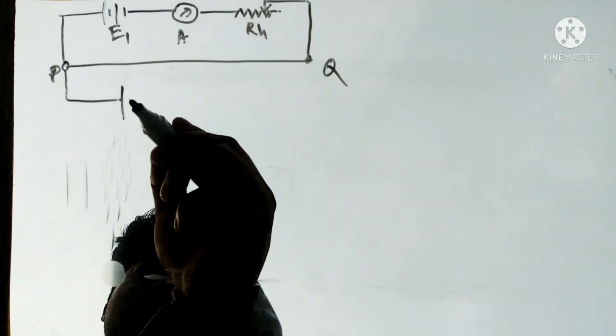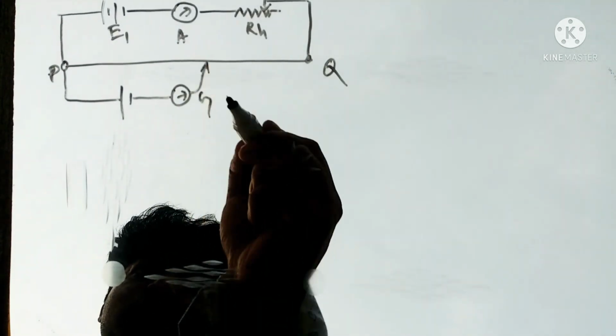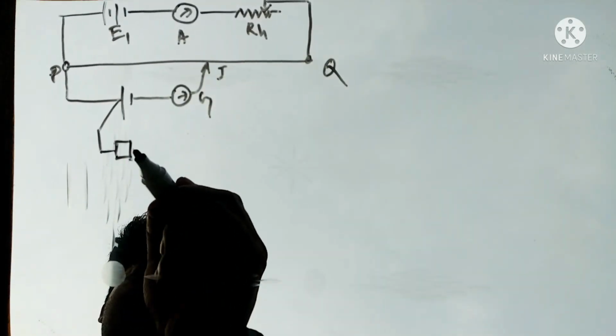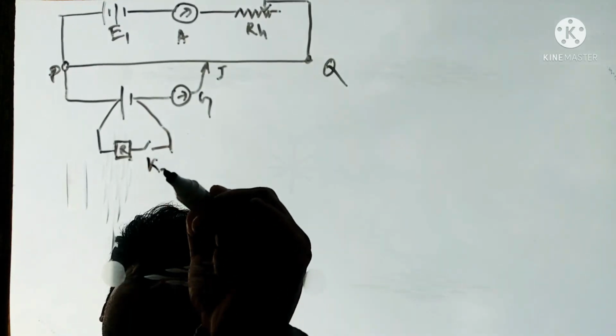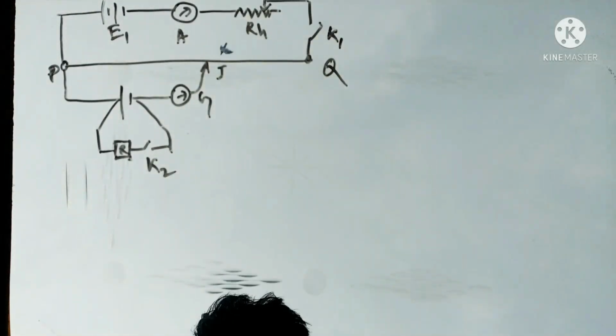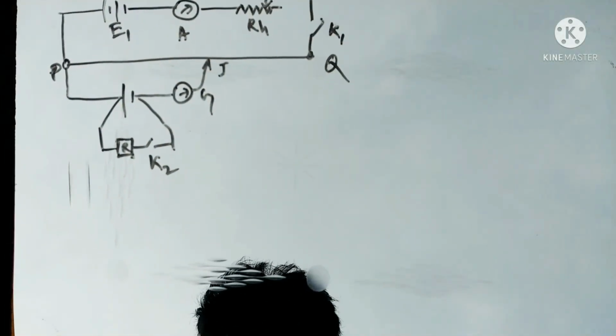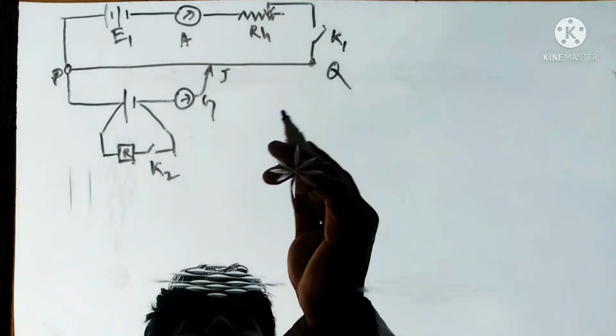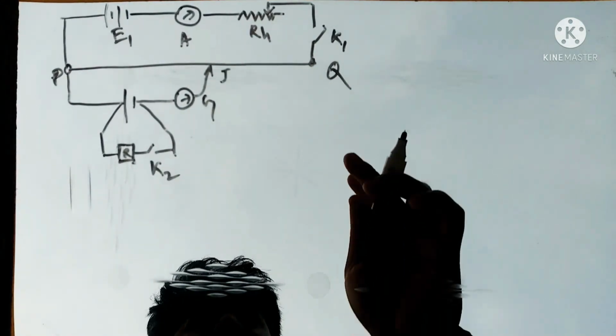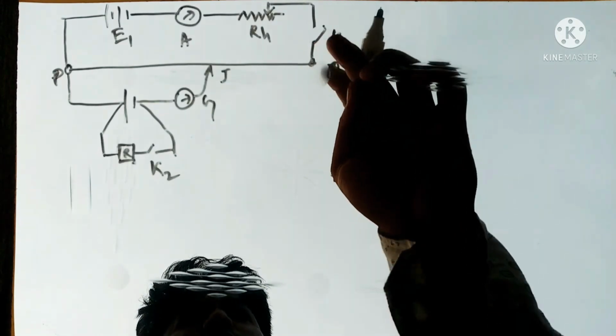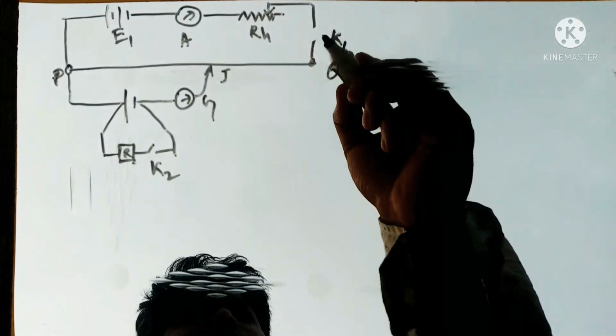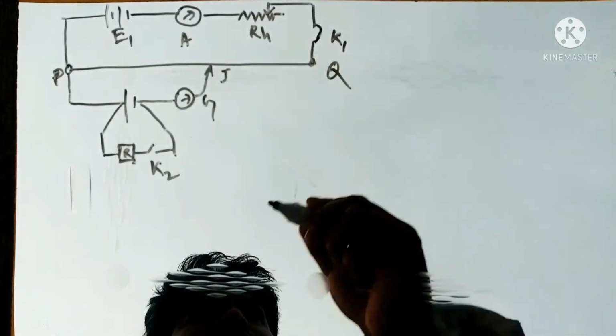So here we will use the principle of potentiometer, which is V proportional to L. Now connecting this K1 key, what we will get?